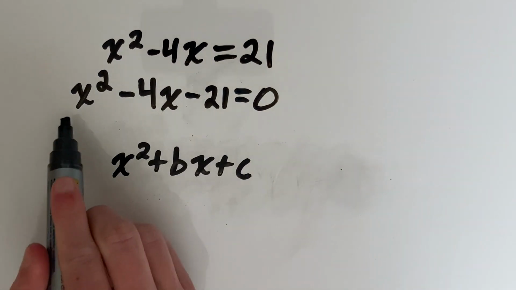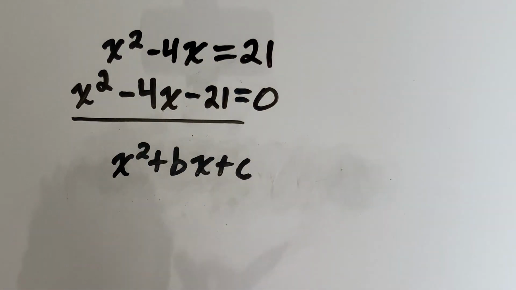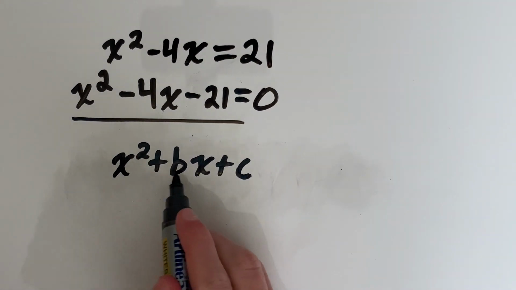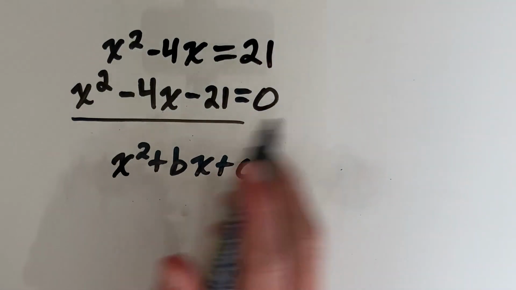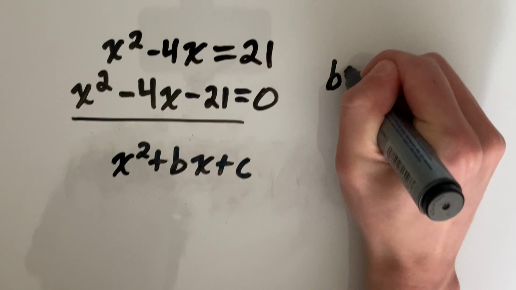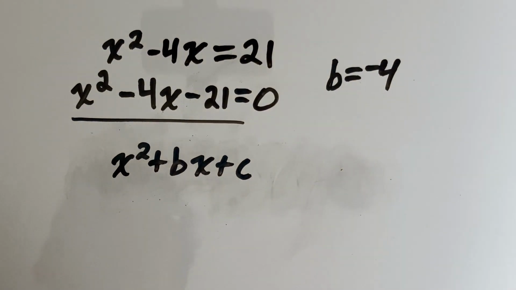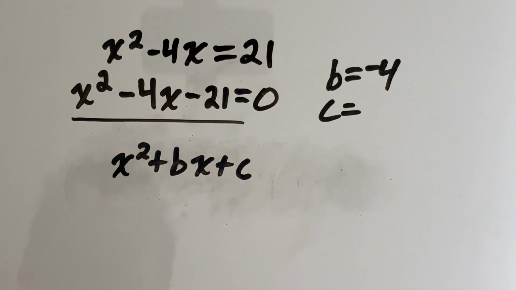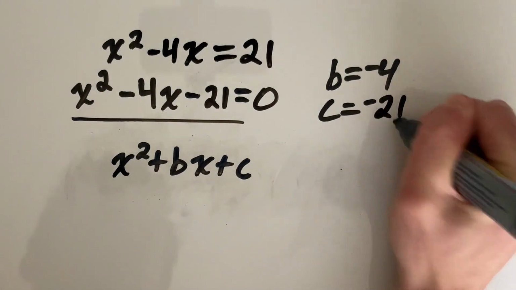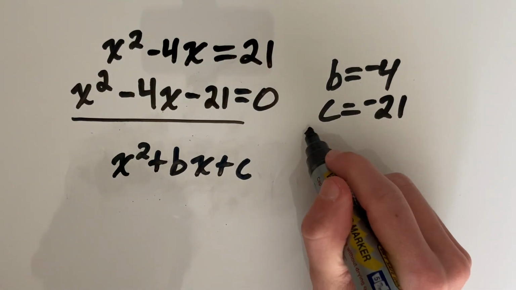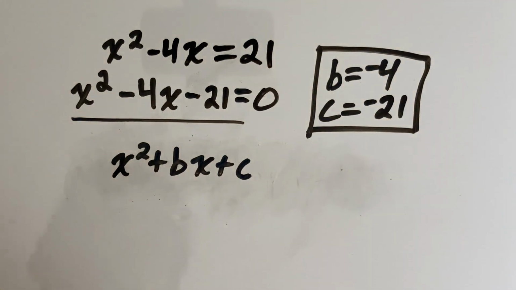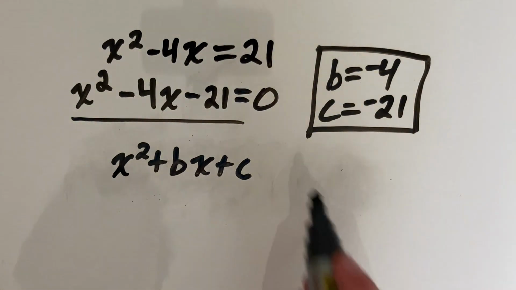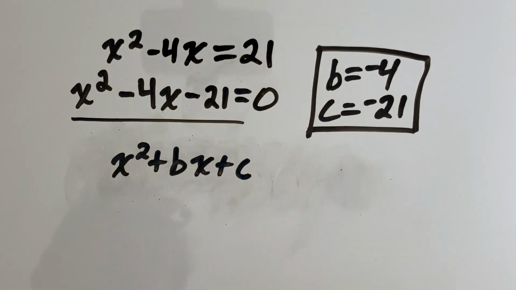Now when we're looking to solve this equation, there's two numbers we have to find. The first one is b. b is a very important number. So b is the one right before the x. So in our case, b is equal to negative 4. And the second number will be c. And in our case, c is negative 21. These two numbers are essential to solving your equation. So once you figure out what b and c is, you can write them down so it makes it easier.